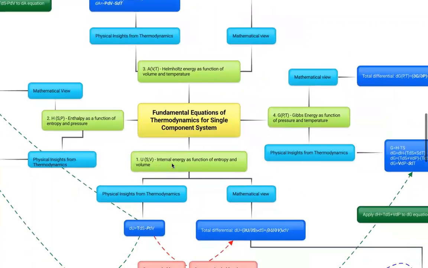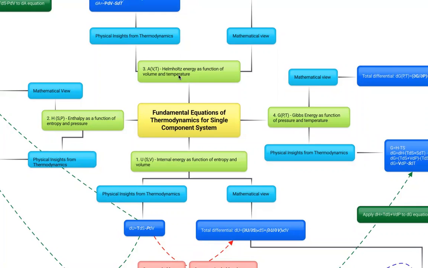So you can go from internal energy related to enthalpy, and then relate those to Helmholtz energy, and then that to Gibbs energy, and eventually you get some functions that are related to variables that we can actually measure in a lab. For example, Gibbs energy is a function of pressure and temperature.